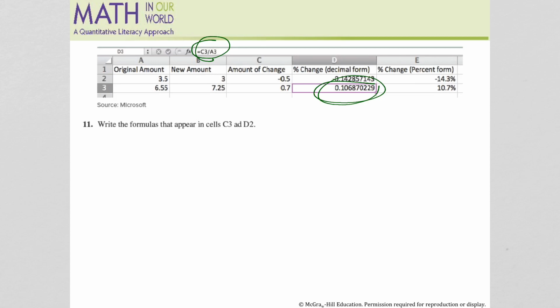It's using C3 divided by A3. Well, C3 is this, and A3 is here. So to get this amount, they're actually dividing 0.7 by 6.55. Okay?